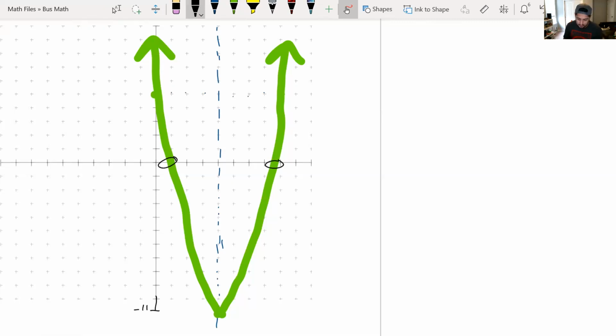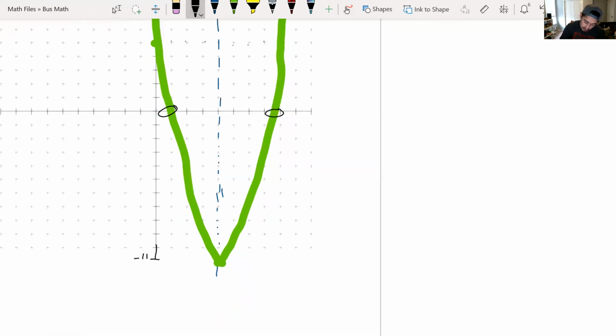Okay. Again, looking for a max or minimum. This one opens up. So this means that we are going to have a minimum at the k value of -11. Minimum at k value -11.